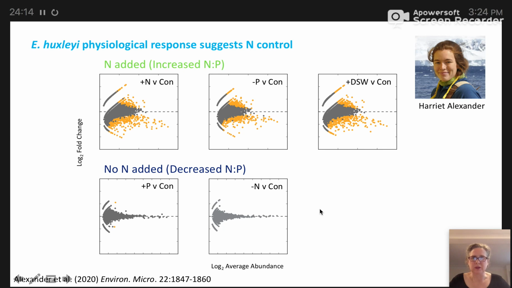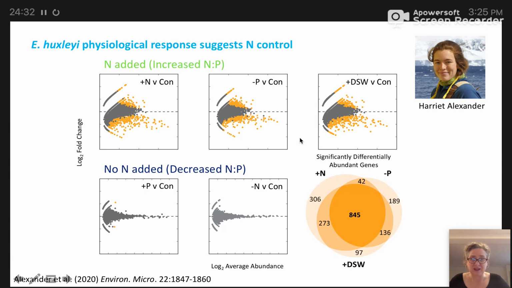So this suggests a strong N control of transcription and metabolic response in this system. Now you might look at this and ask the question, are these the same genes or transcripts that are changing in each of these 3 treatments?